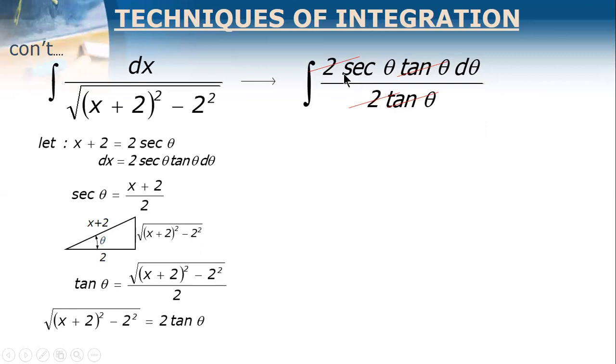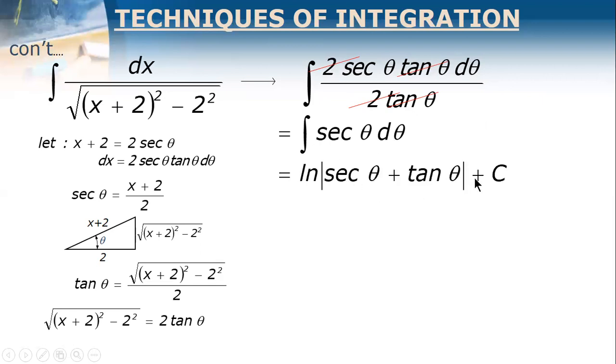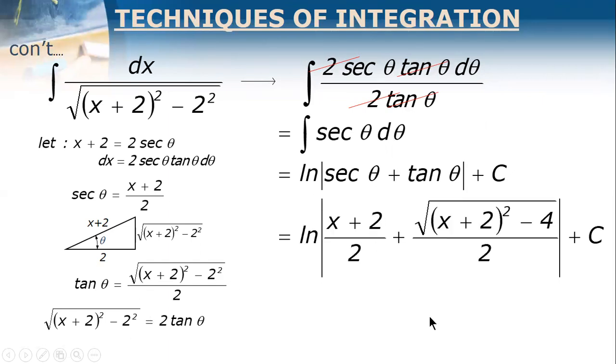So what remains is secant theta. The integral of this is a standard form: ln of secant plus tangent. And then you can substitute secant theta by x plus 2 over 2, as well as tangent theta by this one.